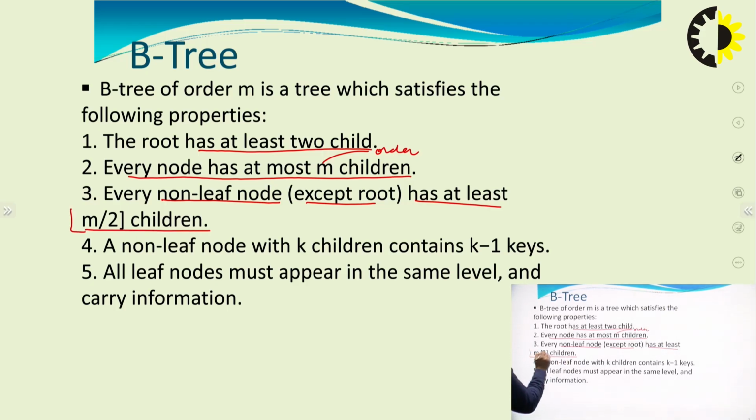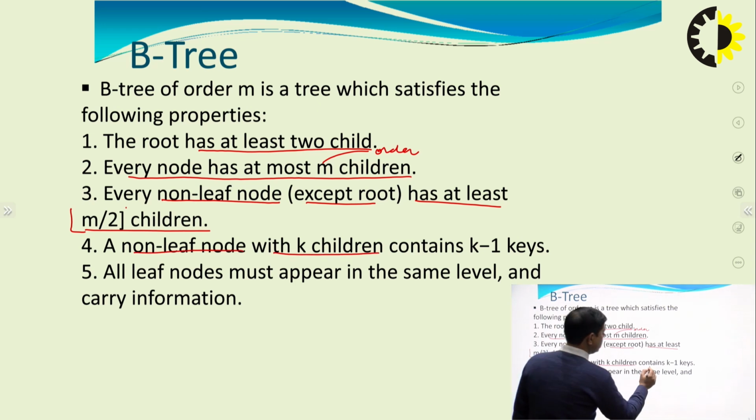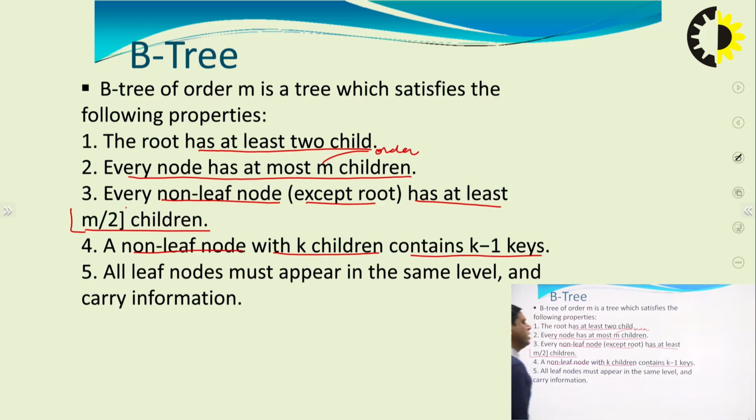Whatever order is given, we divide by 2 and take the ceiling of that. A non-leaf node with k children can contain k minus 1 keys.